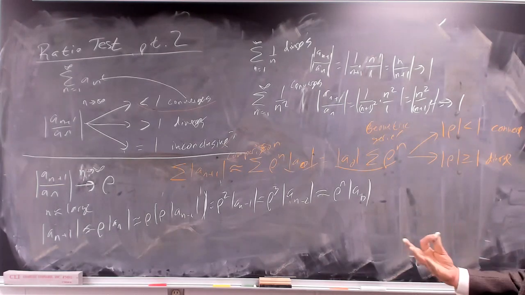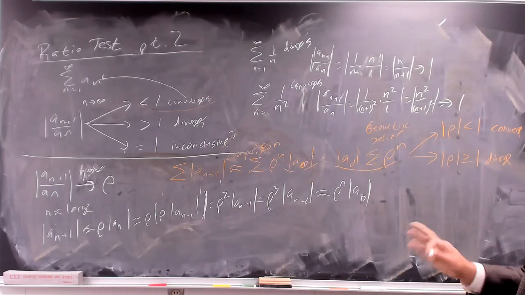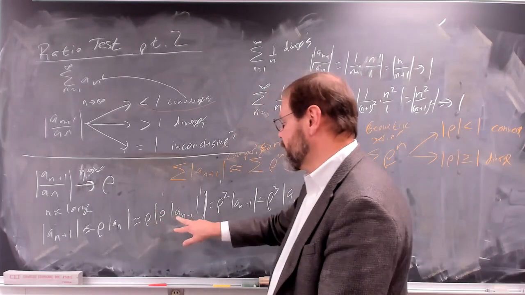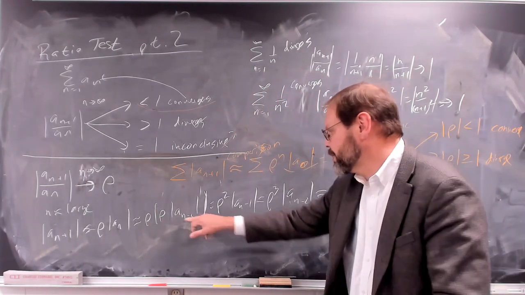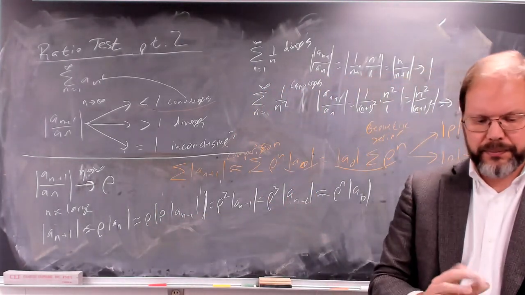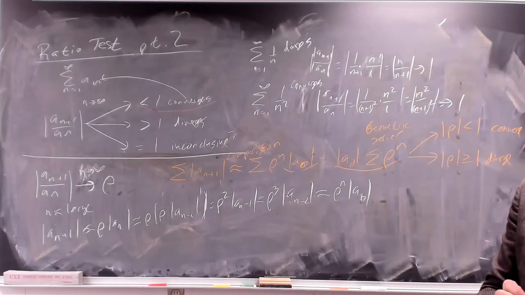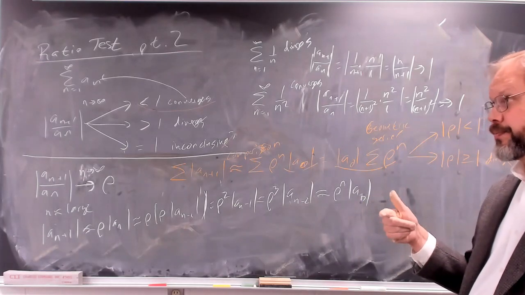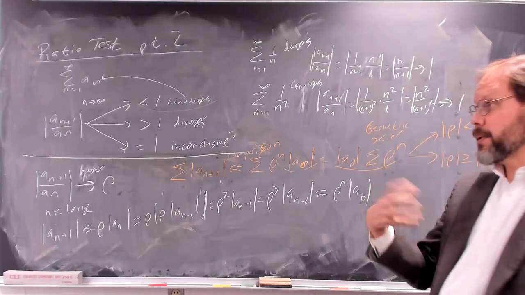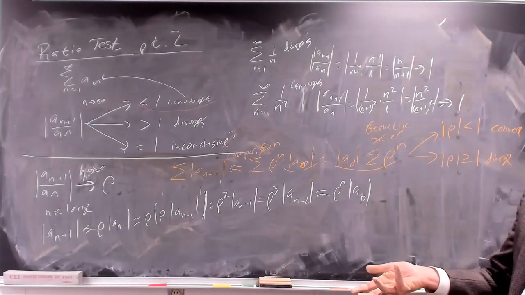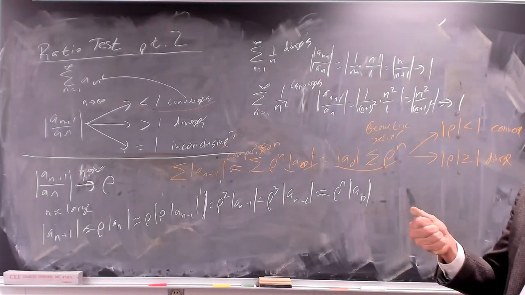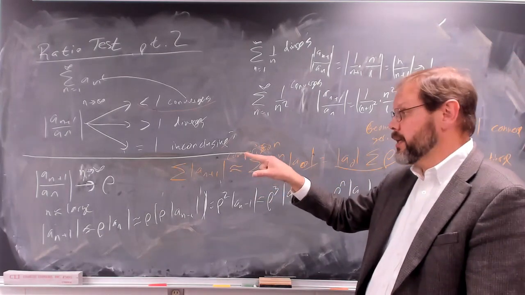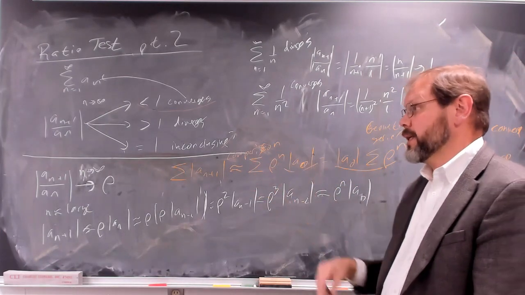If the limit's equal to 1, what that's really telling me is that the relationship is not all that obvious, and I need to do something more than just compare. Like the rest of these terms here become more important. Okay. By the way, it also tells me why, if I'm going to compare it to a geometric series, having powers of terms is going to be so important in this.